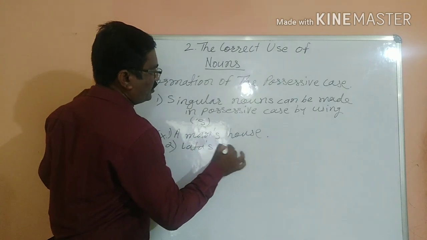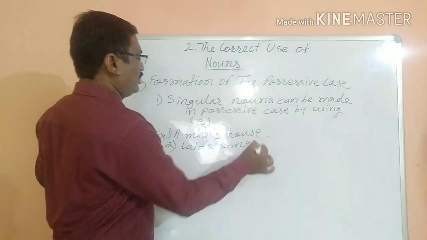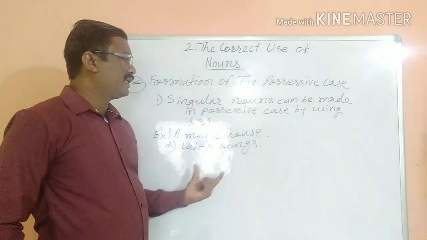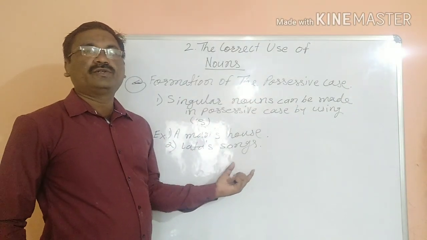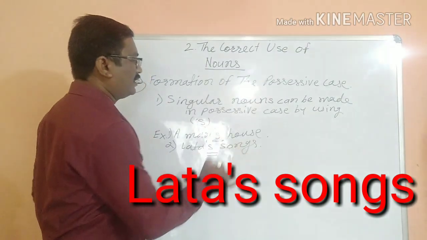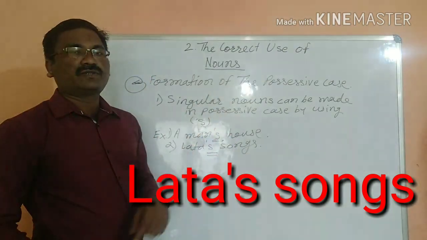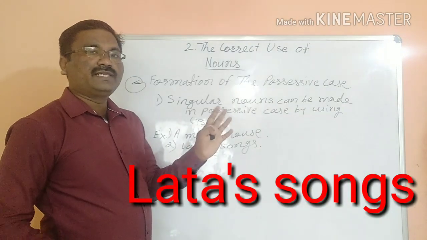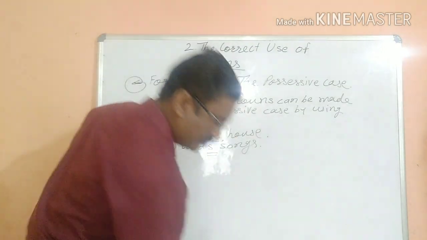Lata's songs. Lata Mangeshkar's songs, whatever songs are there, if we want to show the possession, we can use apostrophe s to make the possessive case of the noun. Now the next rule we are going to see.